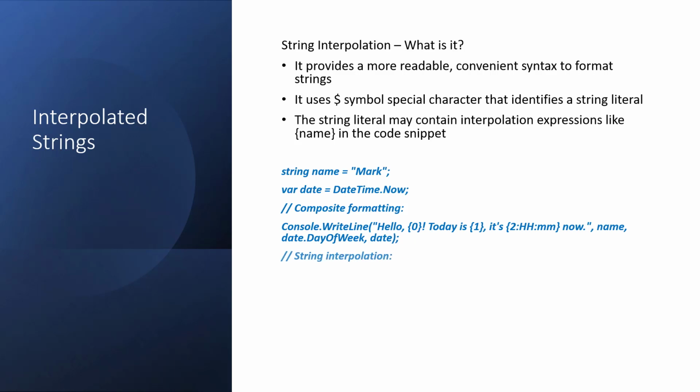Now in string interpolation we have it like this: Console.WriteLine. Instead, we are using the dollar symbol, which is a special character to notify that it is a string literal, and here instead of 0, 1, 2, we are actually evaluating the variable's name, date, or a part of the date straight away by putting them in curly braces.